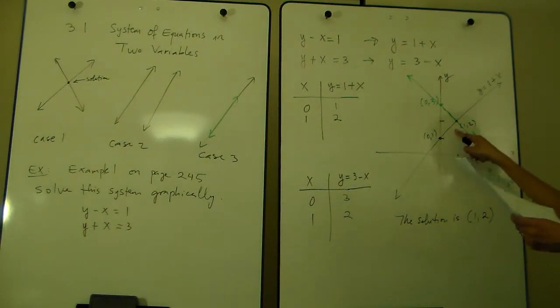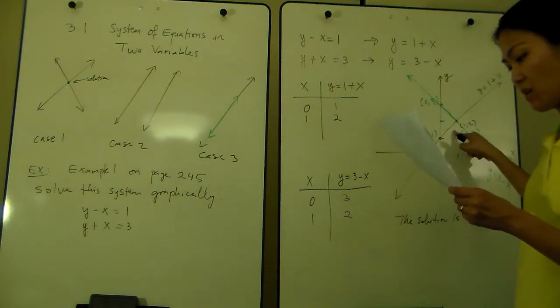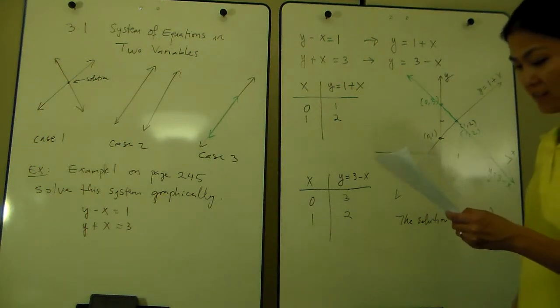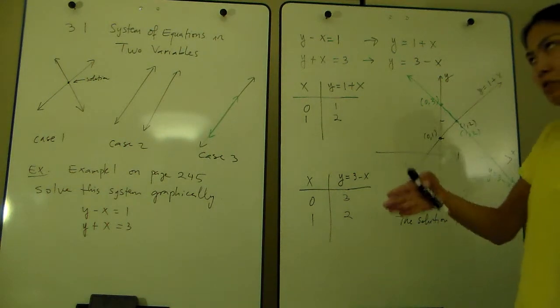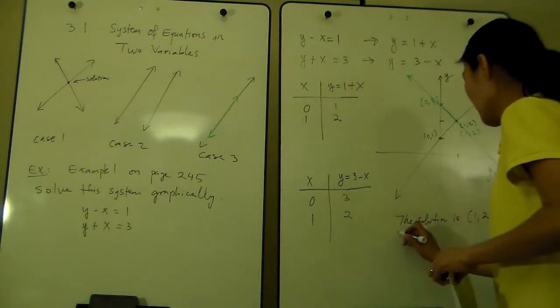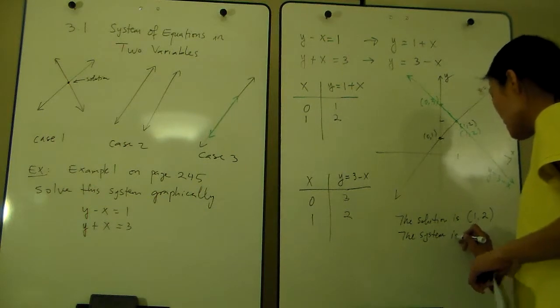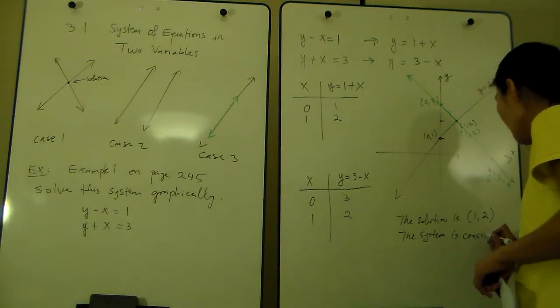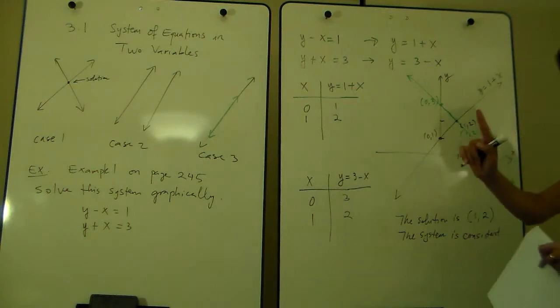The definition of a consistent system says that if a system of equations has at least 1 solution, meaning 1 solution or more, then it's consistent. So you say the system is consistent, because it has 1 solution.